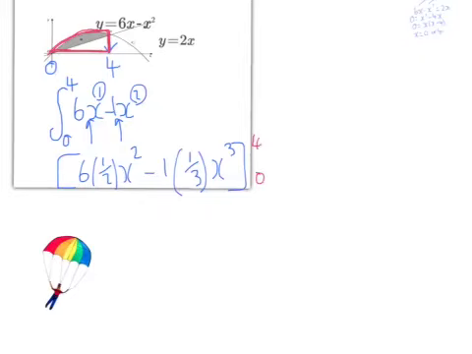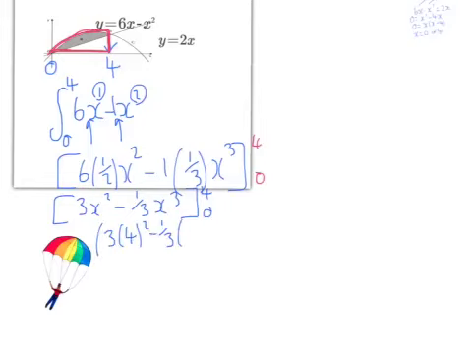Okay, so let's neaten that up. 6 halves are obviously 3, so 3x squared minus a third x cubed between 4 and 0. So the 4's can go in, 4 squared minus a third 4 cubed, and then the 0's can go in, 0 squared minus a third 0 cubed, in a big bracket with a minus in the middle.